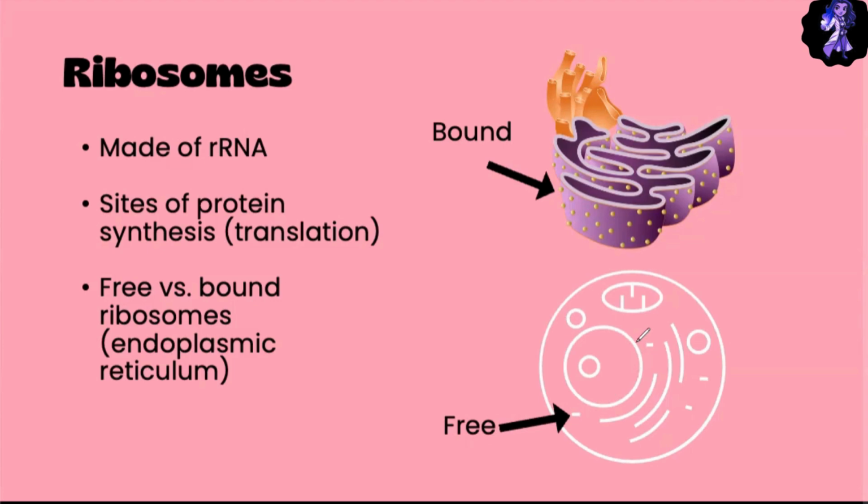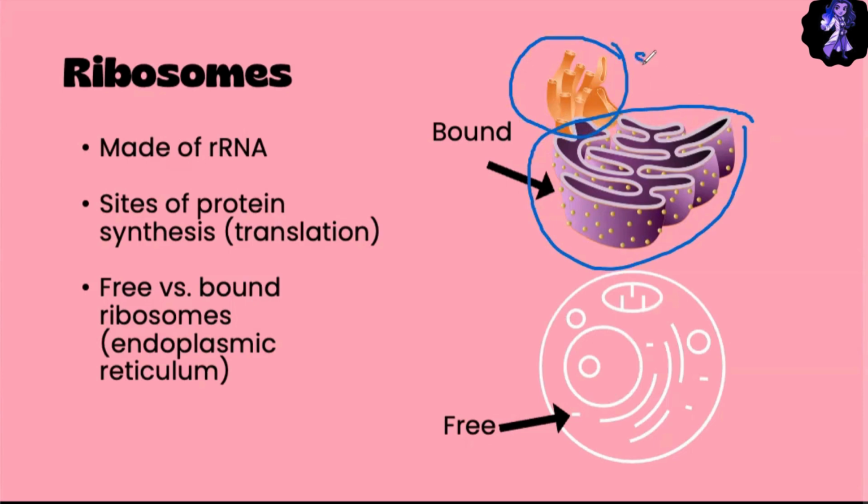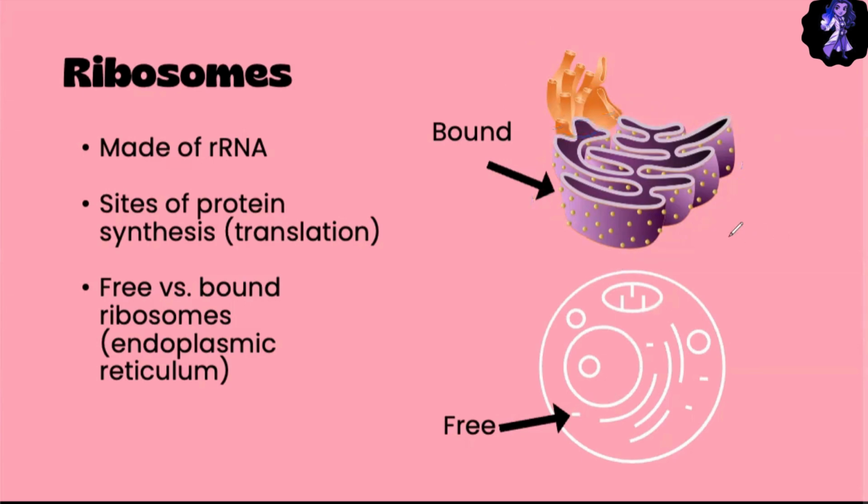With the endoplasmic reticulum itself, there are two different names that we're going to go into more detail later. The reason why this is called rough endoplasmic reticulum and this is called smooth endoplasmic reticulum is because the smooth one doesn't have any ribosomes attached to it, while the rough one has the ribosomes attached to it.